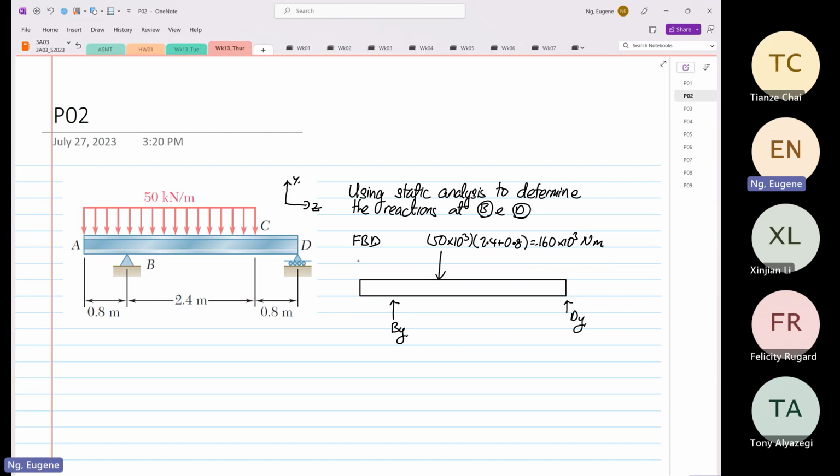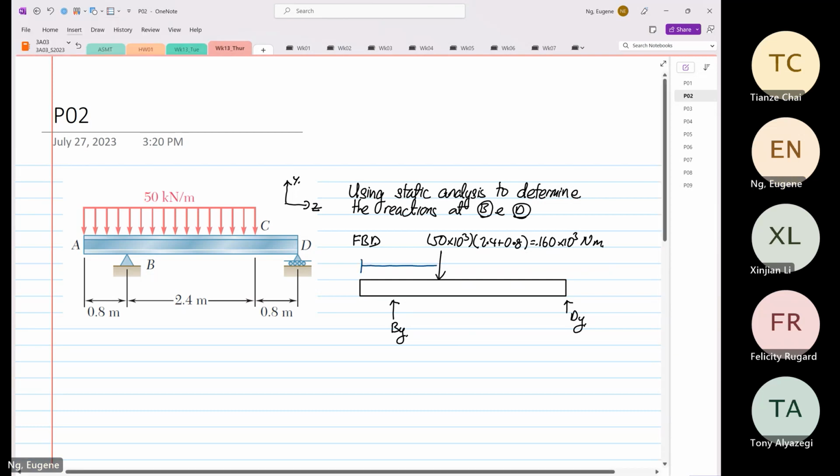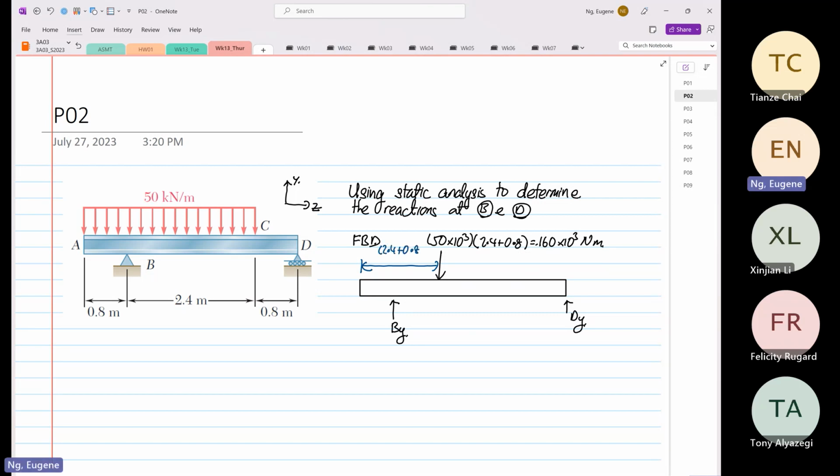And the distance from here to here will be equal to 2.4 plus 0.8, and we divide by 2. Okay, so that distance is 2.4 plus 0.8 divided by 2, 1.6. Okay, so now we are going to apply static analysis.